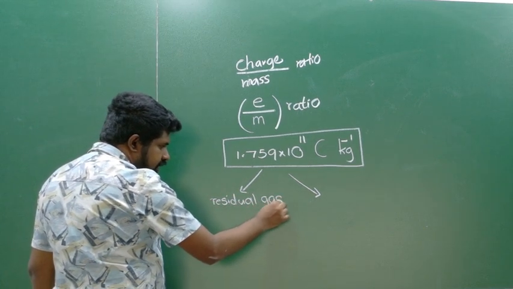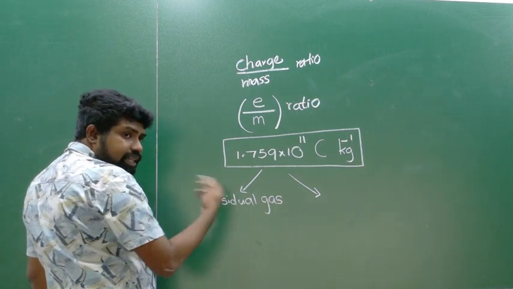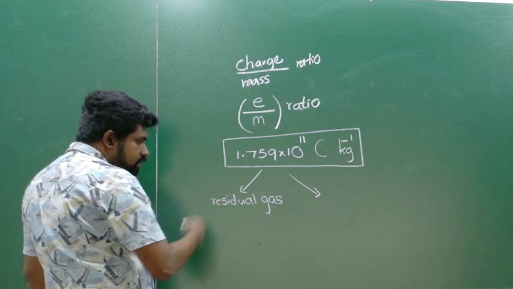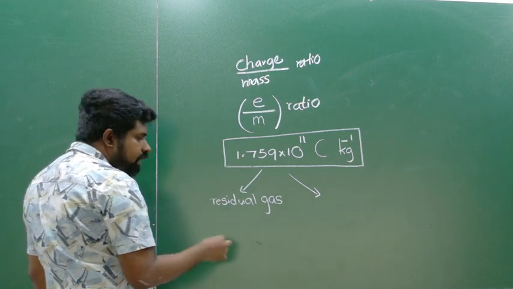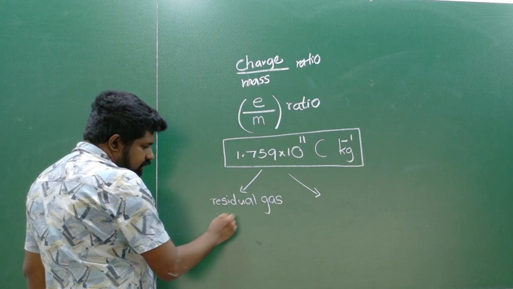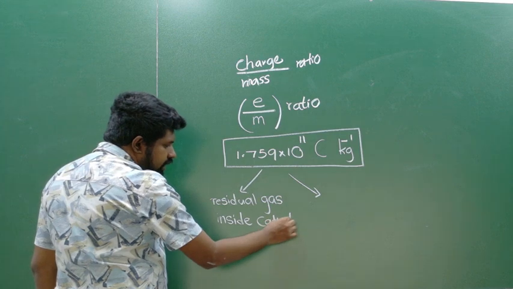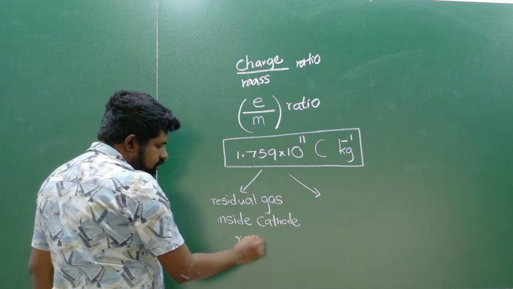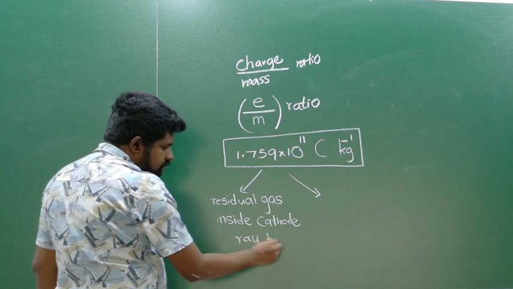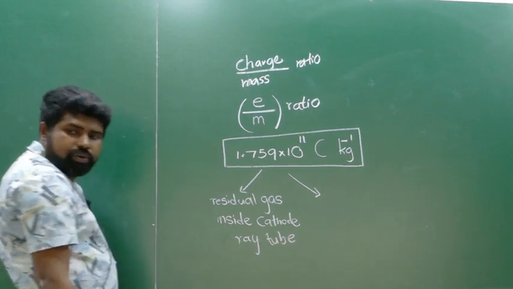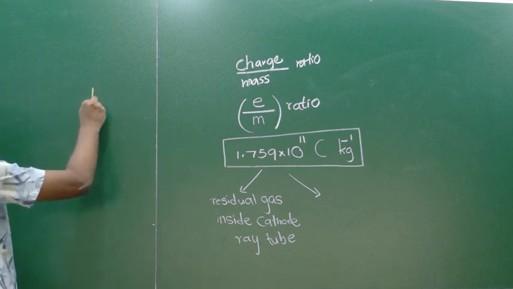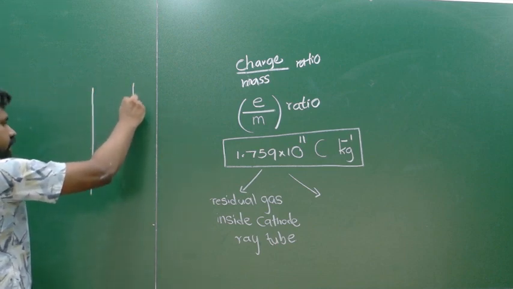He wanted to investigate whether this value will change by changing the residual gas, that means the gas inside the cathode ray tube. Then what he did was, he changed the gas inside the cathode ray tube.